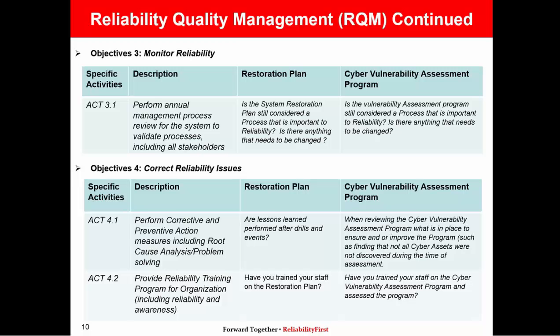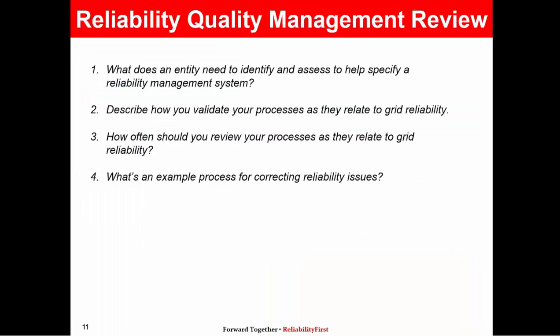So we have a few questions from the reliability quality management practice area, and so the first one is what does an entity need to identify and assess to help specify a reliability management system? Another question would be describe how you validate your processes as they relate to the grid reliability.